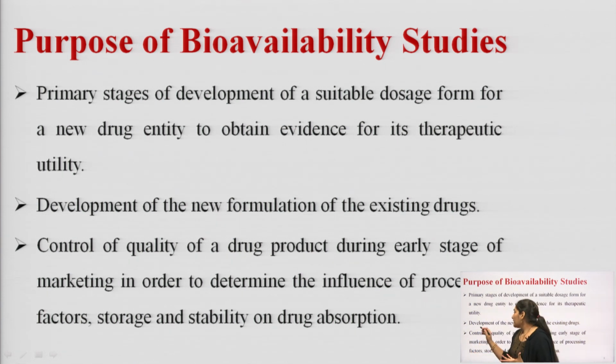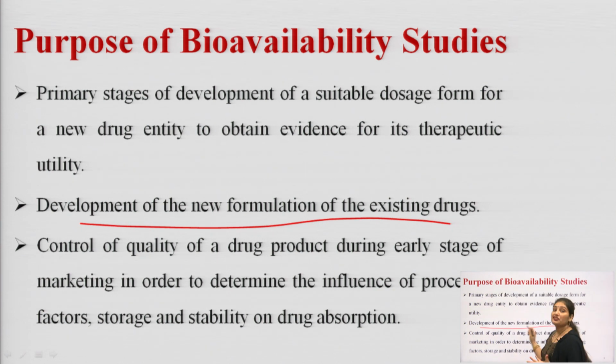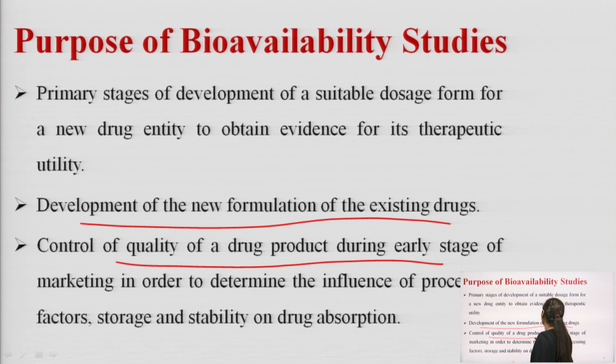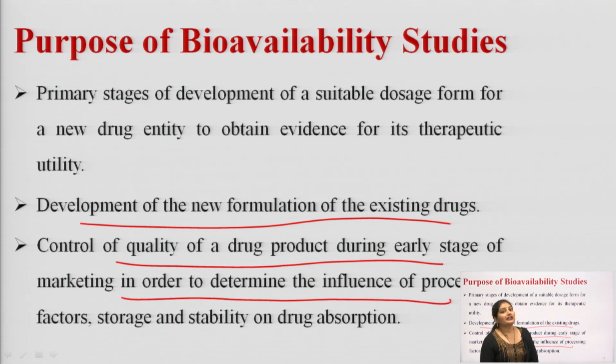Next is the development of a new formulation of an existing drug. If we have a drug and for that we want to develop a new formulation, then also there is a need of bioavailability study. Okay. Third objective is control of quality of a drug product during the early stage of marketing in order to determine the influence of processing factors, storage and stability on the drug absorption.